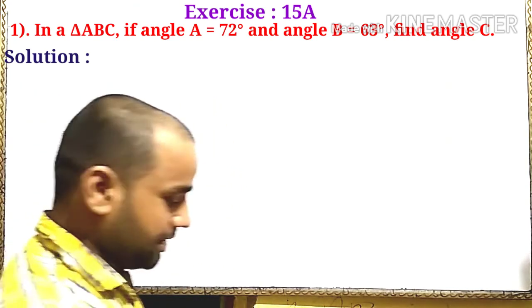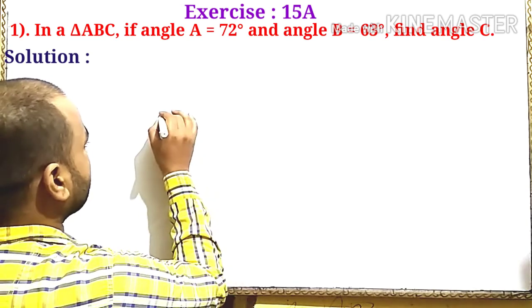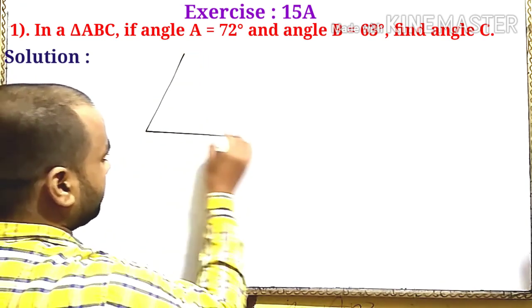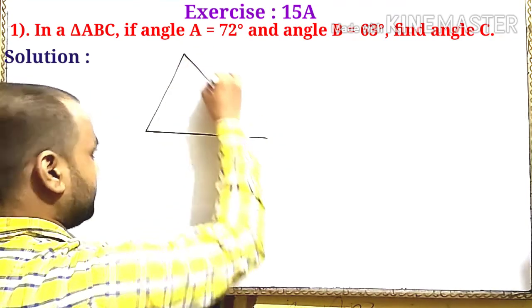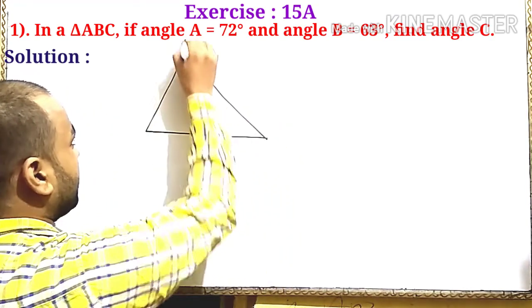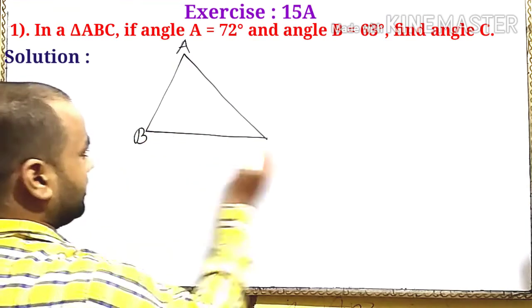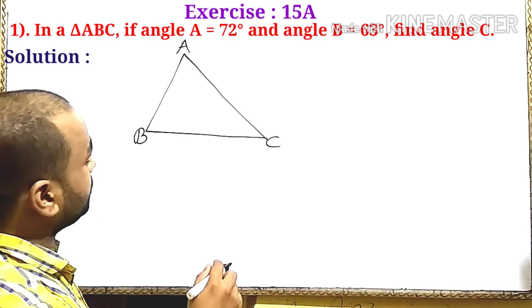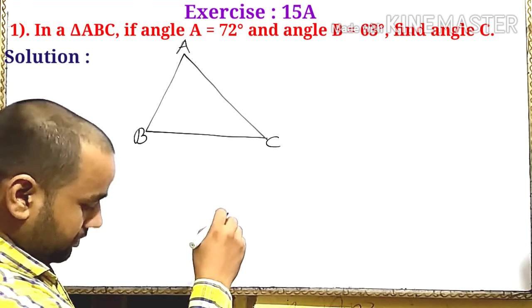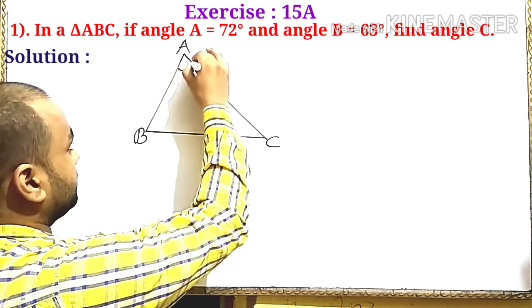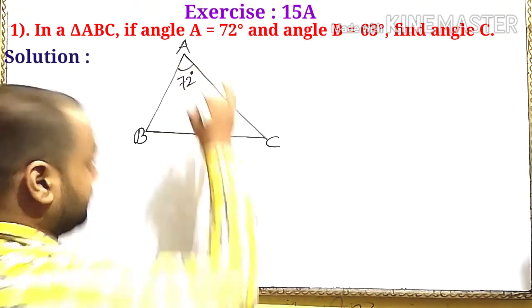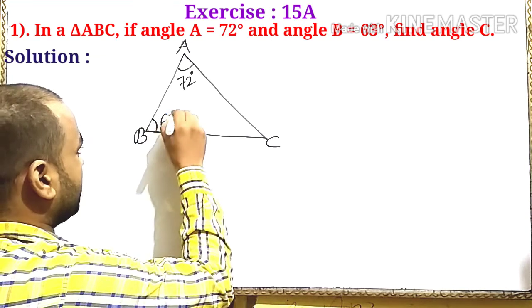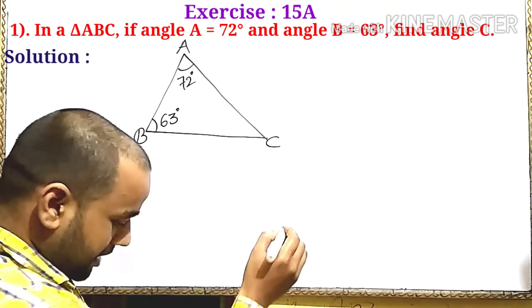Triangle ABC, angle A is equal to 72 degree. Angle B is equal to 63 degree. Find the angle C.